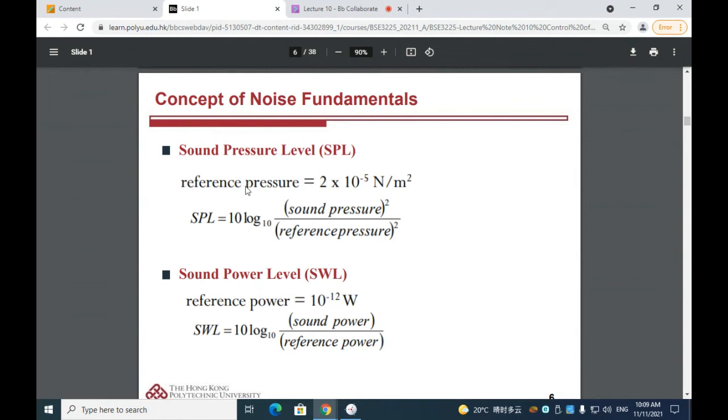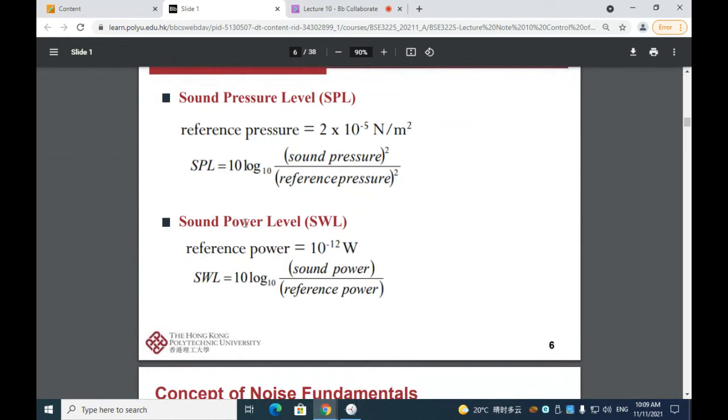For sound pressure level, the reference pressure is 2 times 10 to the negative 5 Newton per square meter. The sound pressure level is equal to 10 times log 10 of the actual sound pressure divided by the reference pressure, squared.